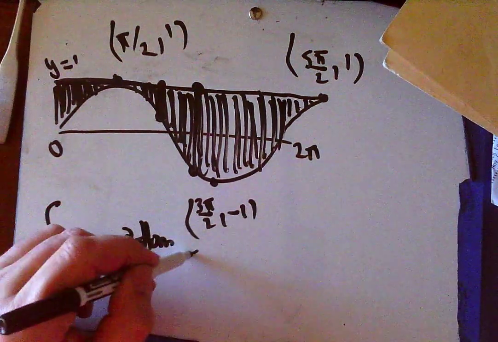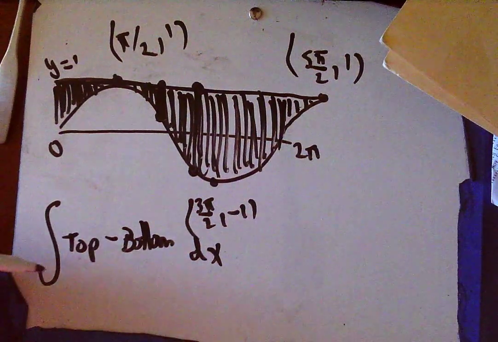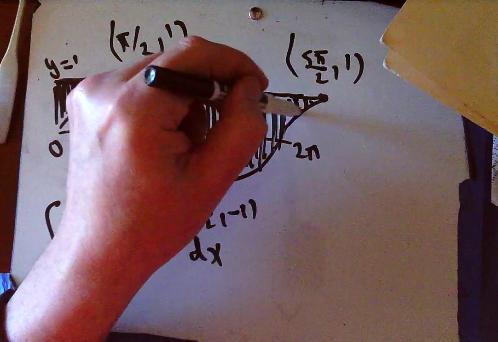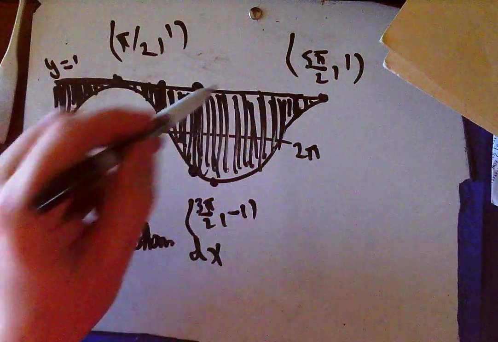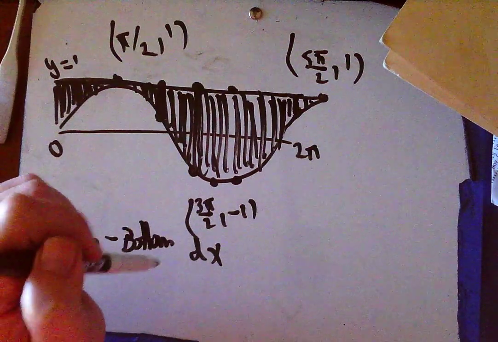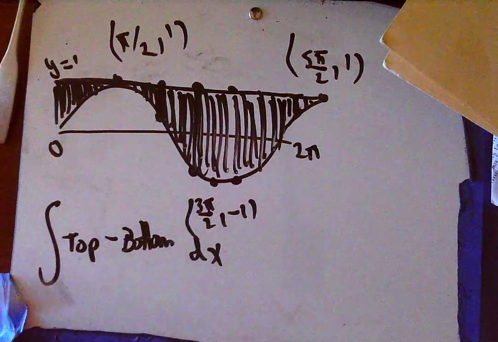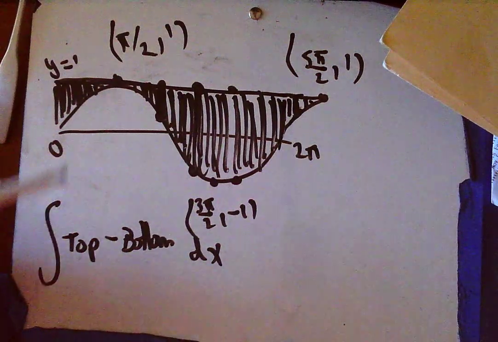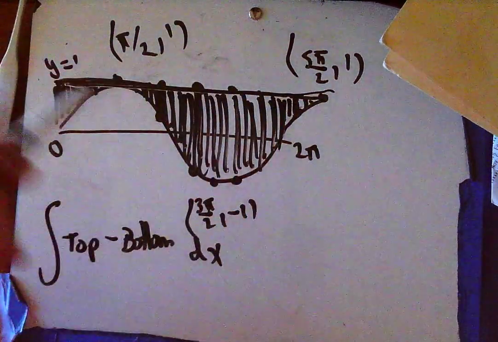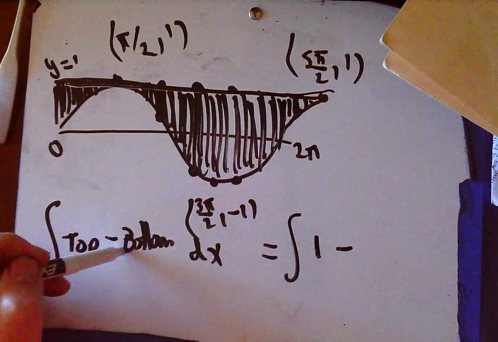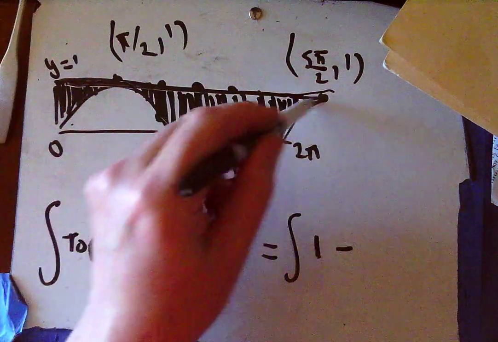When I do top minus bottom, I will get that length, whether the top function is above the x-axis and the bottom function is too, or whether the top function is above and the bottom is below. Or even if they were both below, I'll always end up with this positive number when I do top minus bottom. Our top function is simply y equals 1. Our bottom function is this sine graph.